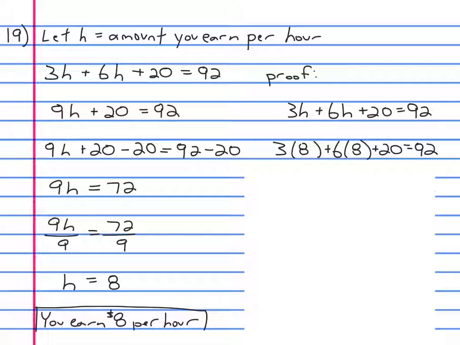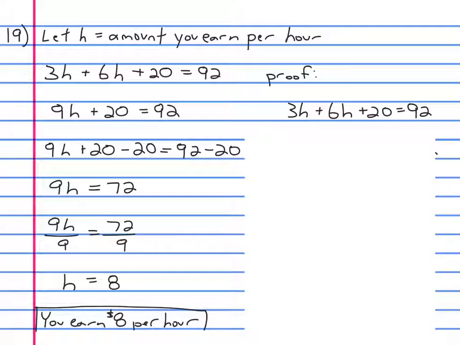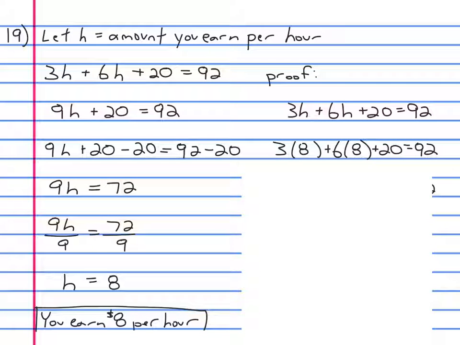A mistake you might make here is, you look at this, you say, oh, the first thing that I should do is combine like terms. No, that's what you do when you solve it. But that's not what you do in the proof. The proof always has the first two steps looking exactly the same. First step, original equation. Second step, exact same original equation, but instead of variables, you put parentheses and the value that you believe the variable has.